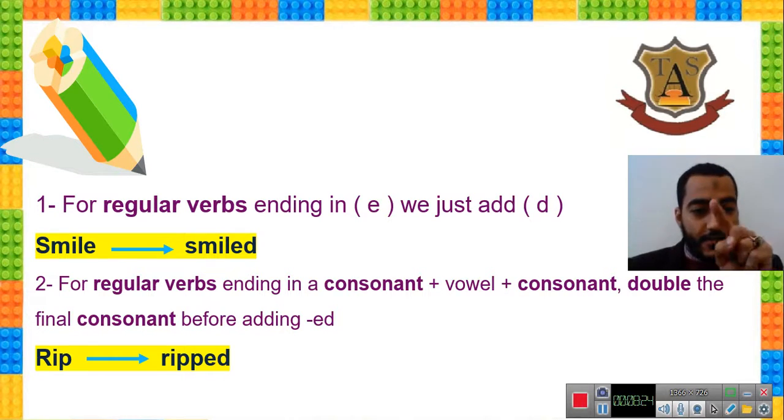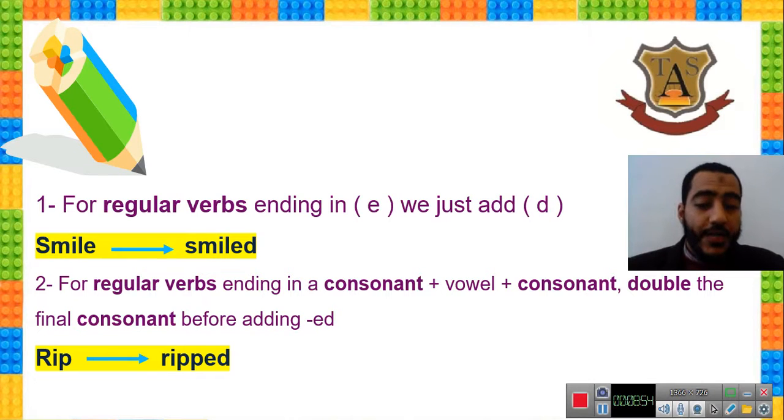O, E, A, I, U. These are the vowels of English. Any other letter is a consonant.